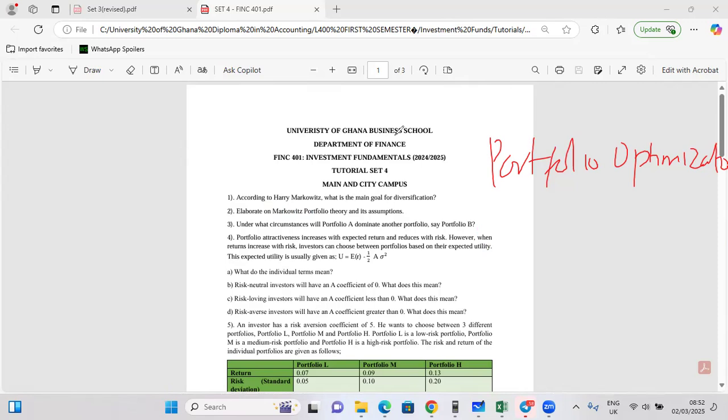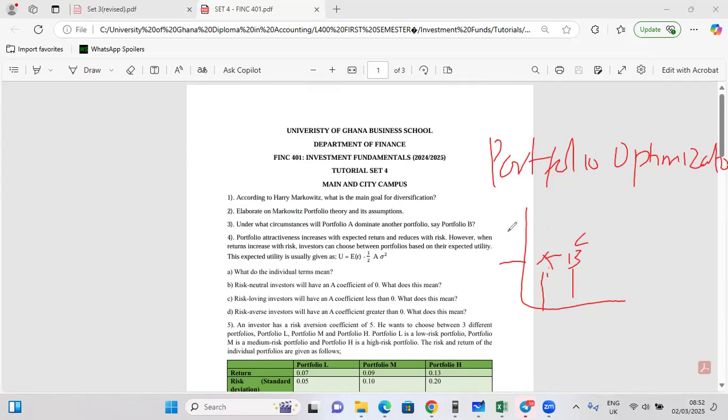This process is called portfolio optimization. So that's what we introduced on the graph here, where A, B, C, right? And then we say we are going to choose A instead of B because they have the same return and B has higher risk. And when we are comparing B to C, also the same thing.